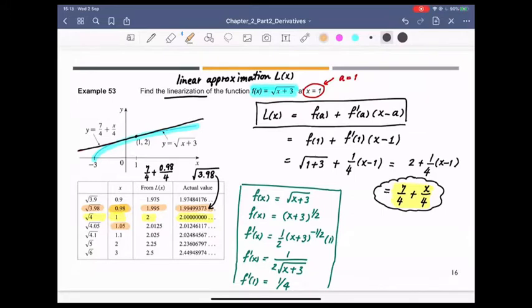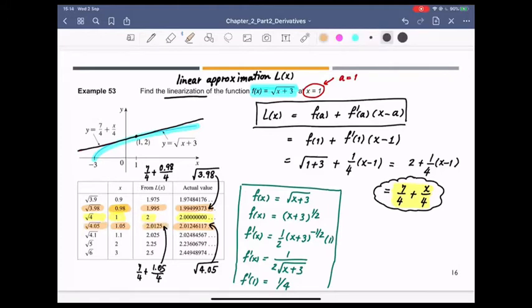The actual value is going to be 2.01246. This is the actual value for square root of 4.05 if you use the calculator. But we can approximate that by using 7 over 4 plus 1.05 over 4. This is my approximation.